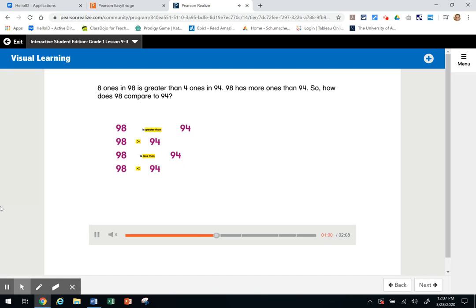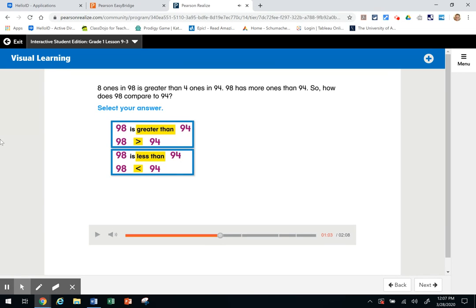So, how does 98 compare to 94? Select your answer. So the top one says that 98 is greater than 94. Greater than means that it's the bigger number. And then this is the greater than sign, and I like to think about this as an alligator, and the alligator's mouth wants to eat the bigger number.